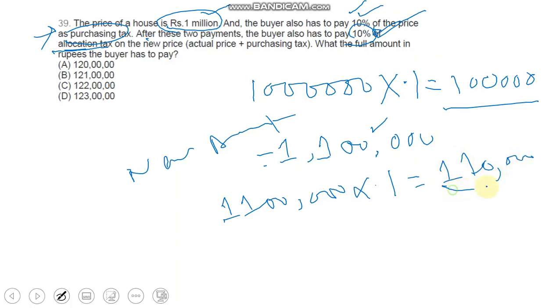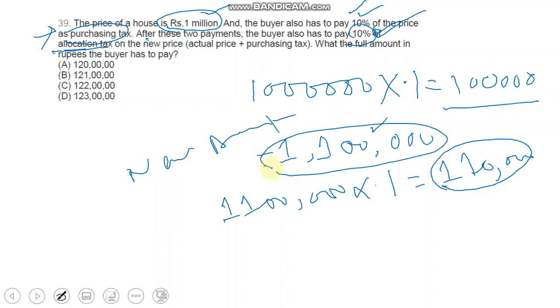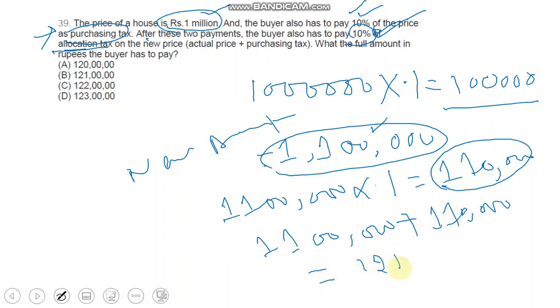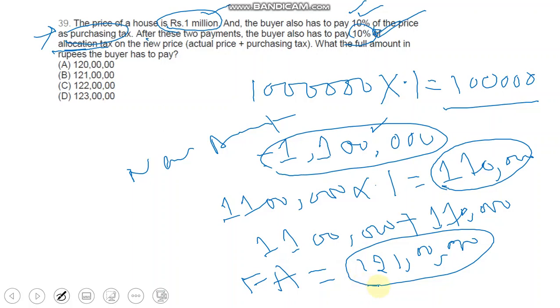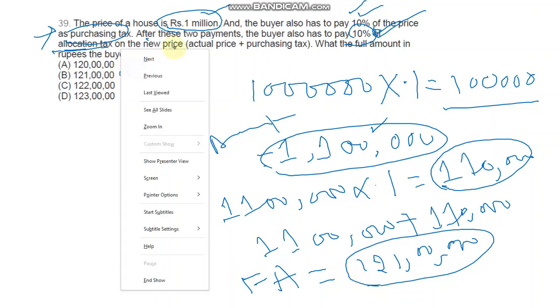Now I have to add this 1,10,000 to this amount, which will give me the final amount. So this much amount I have to pay. Now see, this one is the right answer.